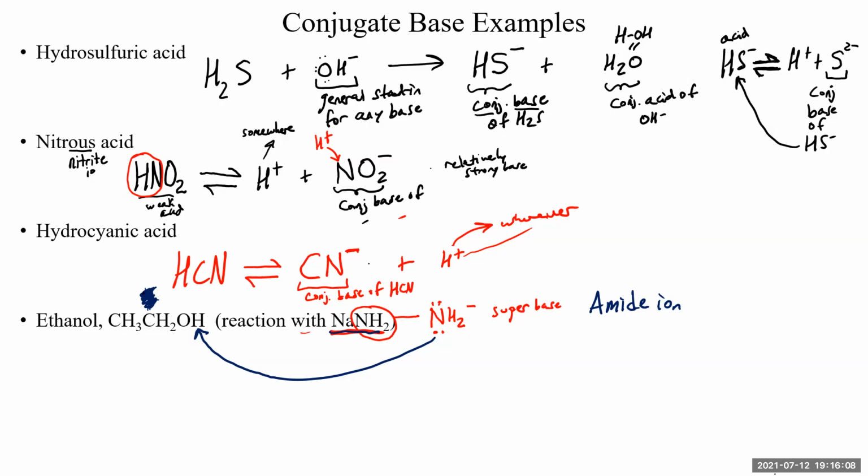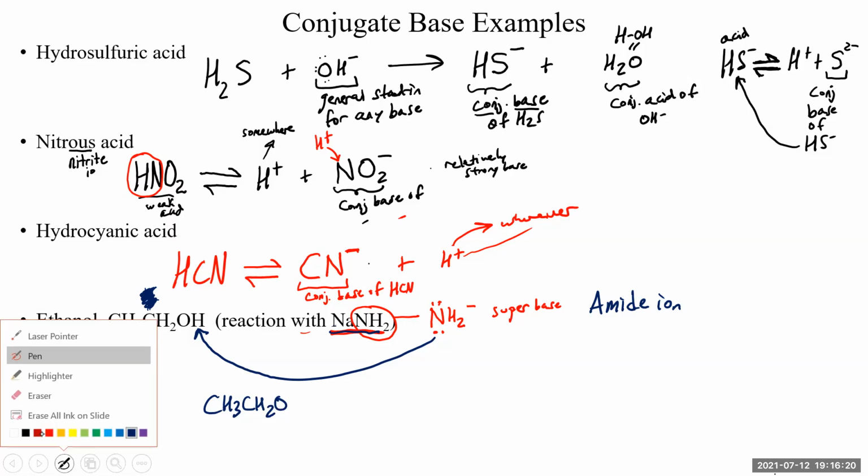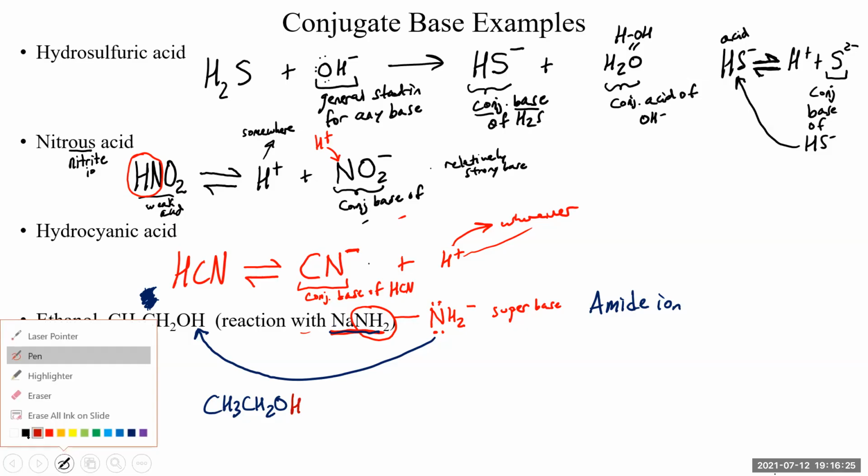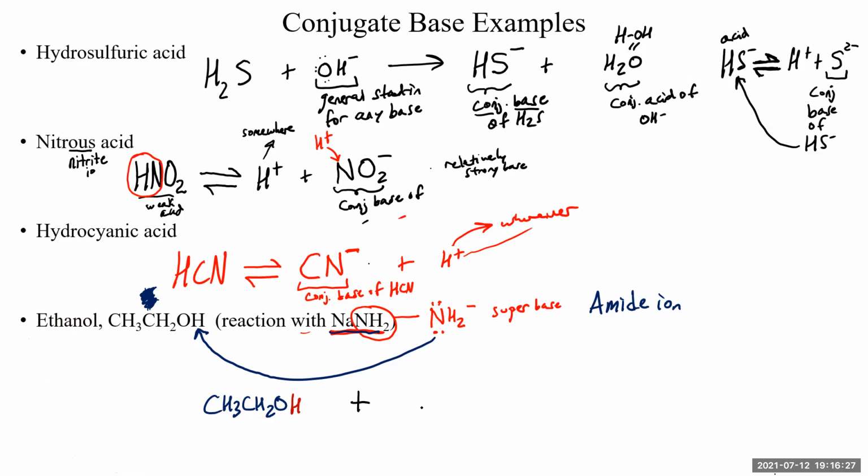But this base is so strong that it will pull this off. So when we mix CH3CH2OH, and again, let me color code this, plus NH2 minus, the amide ion.